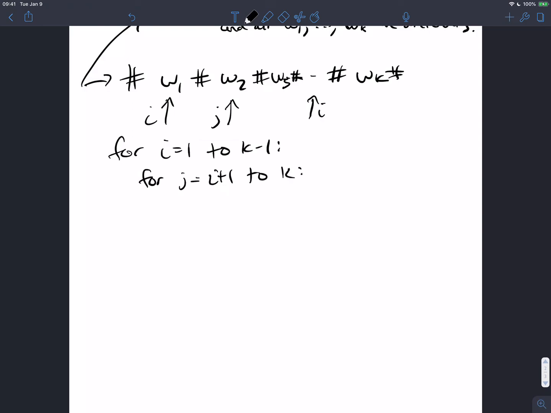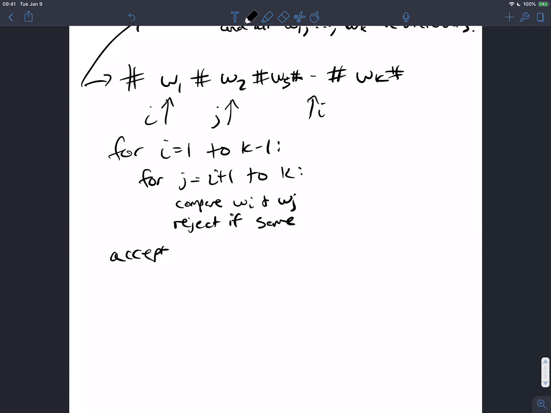To K, because it can go all the way to the end. And then we just compare Wi and Wj. Reject if same. And if we've looked at every single pair and found that they're different, we should accept at the very end, once we're done with every iteration of the loops. Does that make sense?